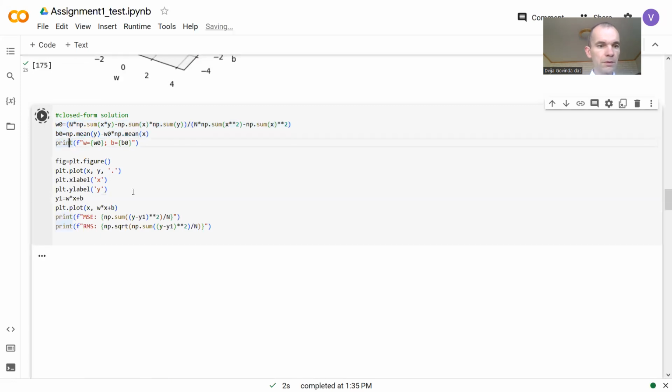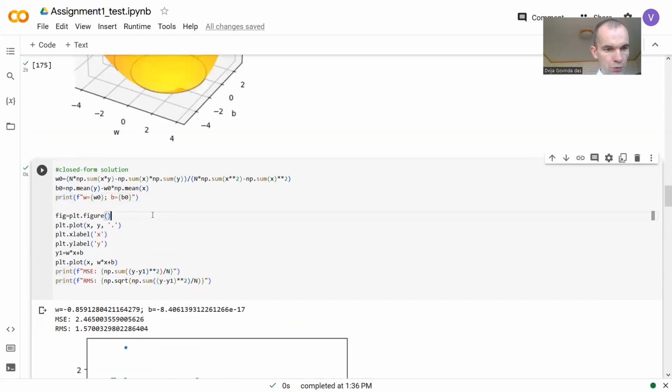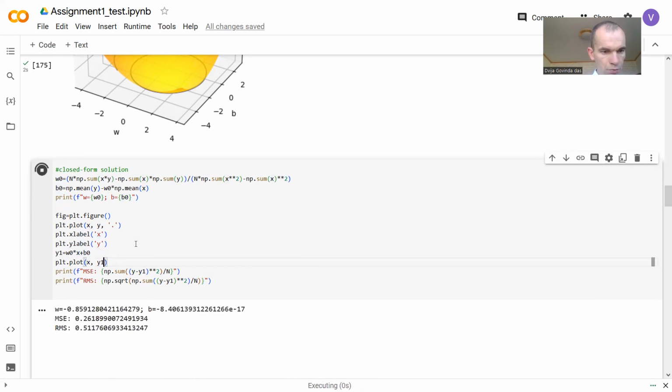We can calculate these values and show the line. I'm not sure this is an optimal line. No, there should be W0 and B0. Yes, and here I will replace it. Okay, it should be so.